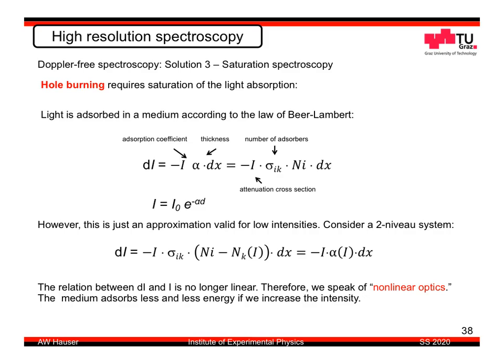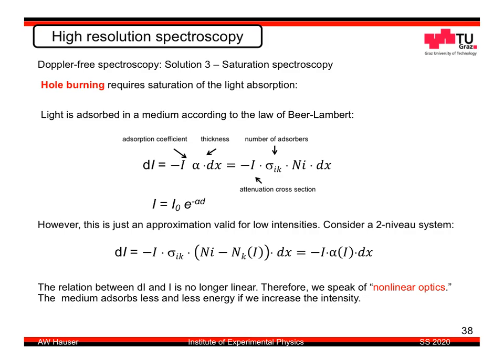You can assume that with increasing intensity, more and more of the molecules originally in their ground state will be excited, and therefore they are no longer accessible for another excitation, and therefore your overall loss of intensity will be less with incoming intensity.